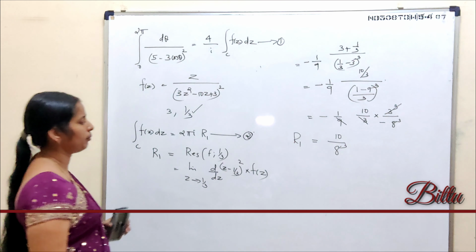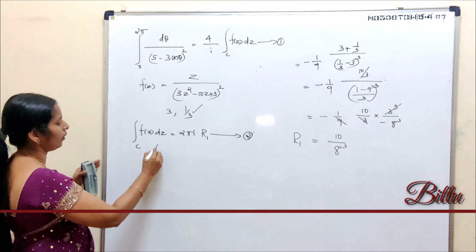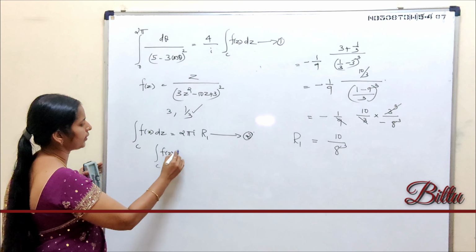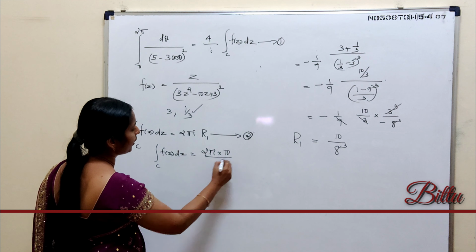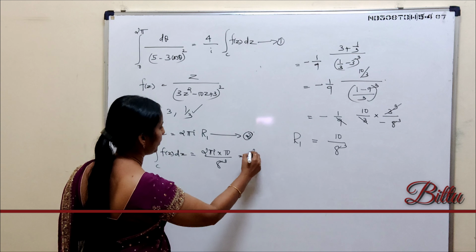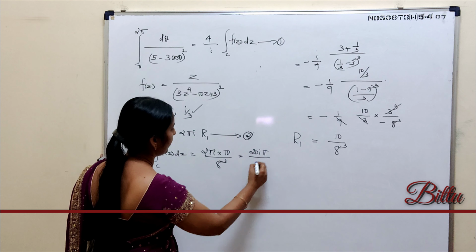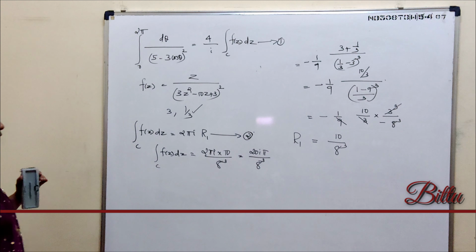You put it in equation number 2. Integral over C f(z) dz is 2 pi i into 10 by 8 cube. That is 20 i pi by 8 cube. Next you put it in equation number 1.